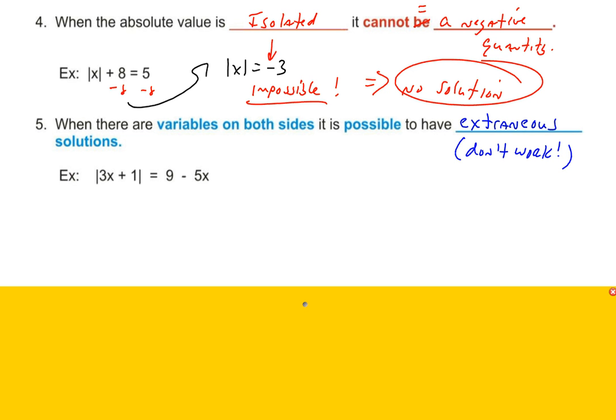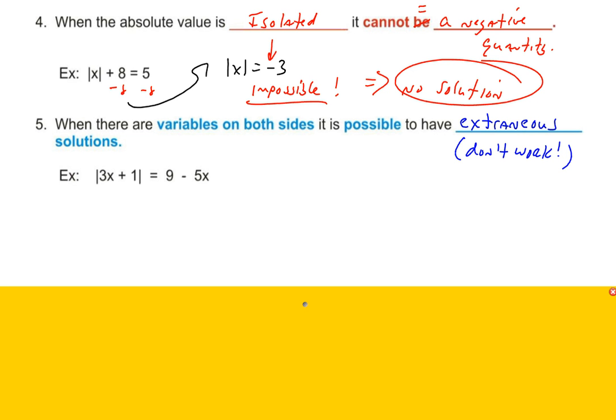I thought math was foolproof. No. The higher up we get in our math, we begin to find some things that don't work out, even though we do everything correctly and use things that work every other time. We find, here's an exception. This sometimes doesn't work, and therefore I have to be careful to check to make sure my solutions work.